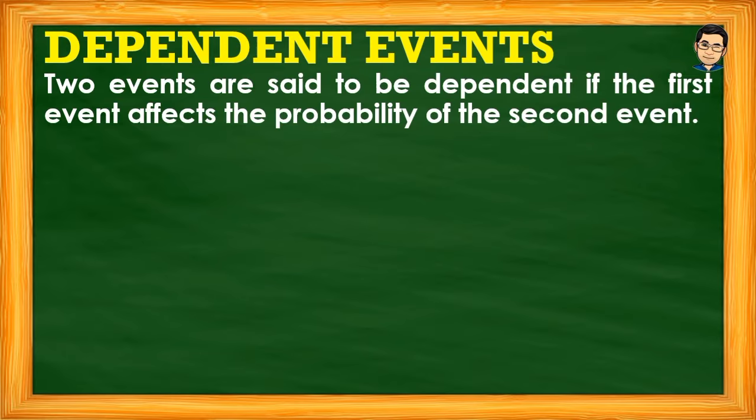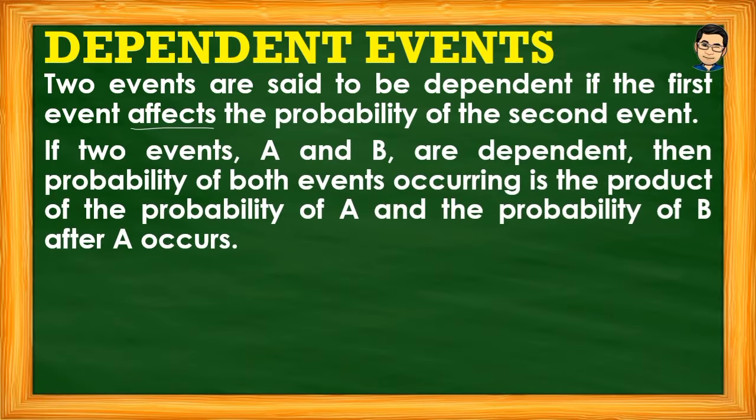So, kung kanina, independent events, hindi nakaka-apekto yung first event dun sa probability ng second event. Dito naman, affected po. Okay. So, if two events, A and B, are dependent, then probability of both events occurring is the product of the probability of A and the probability of B after A occurs.